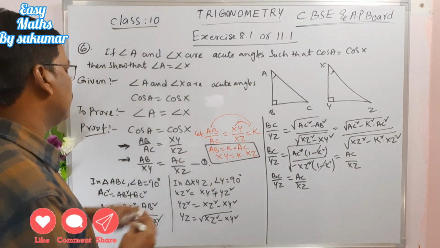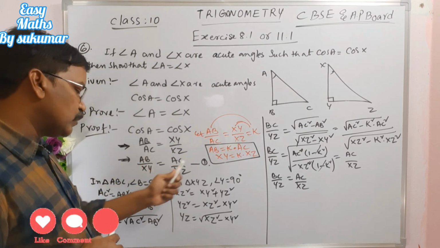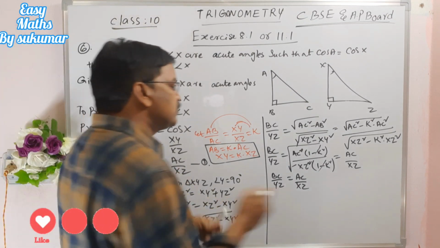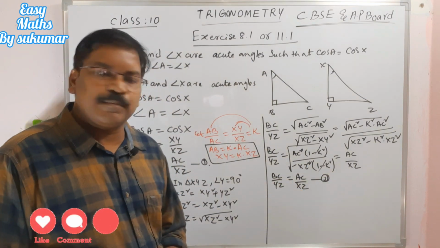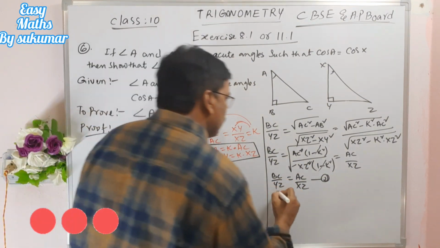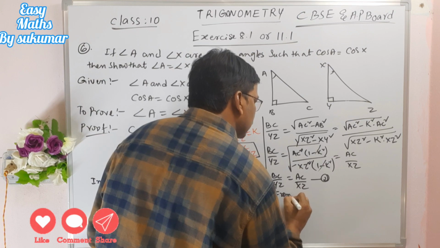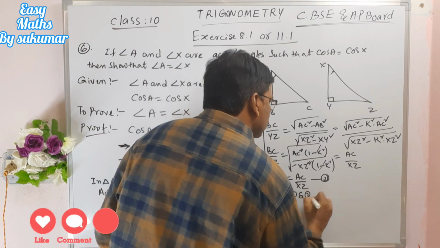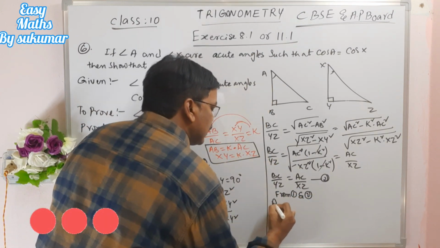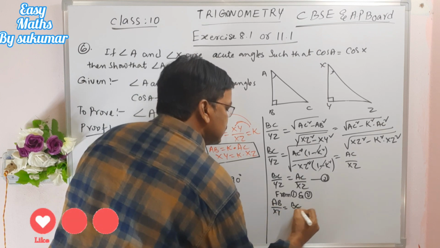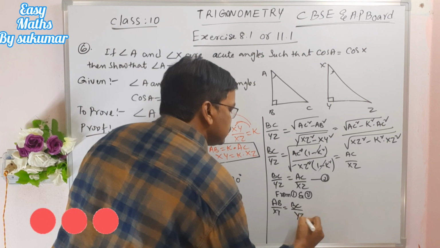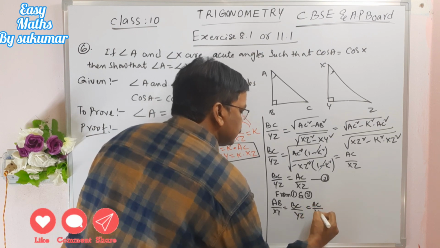Now in equation 1, AB by XY is equal to AC by XZ. But in equation number 2, BC by YZ is equal to AC by XZ. So from 1 and 2, AB by XY is equal to BC by YZ is equal to AC by XZ.